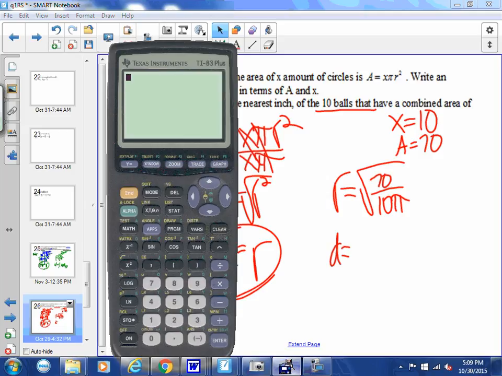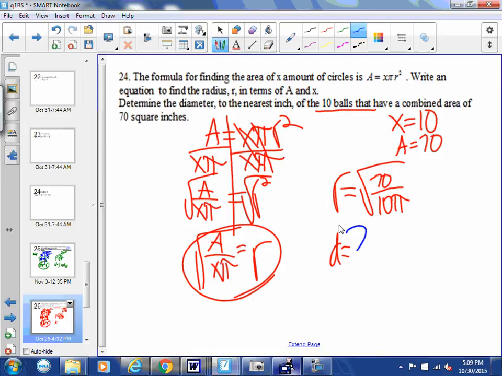I've got radical 70 divided by 10 pi. Again, your calculator is a lot less messy than this. You have your alpha y equals, enter, to type the fraction in. I now have to multiply this by 2 to get the diameter. And I get 3 inches. That was fun.